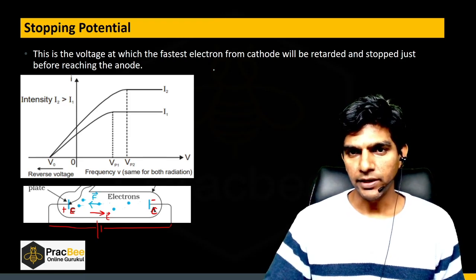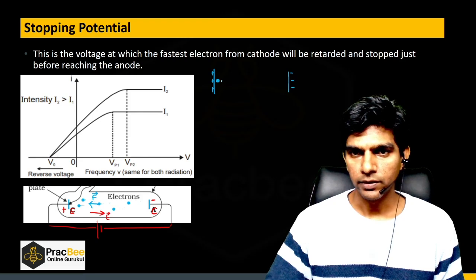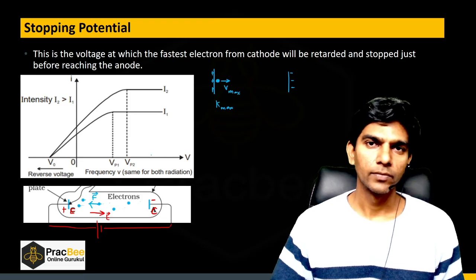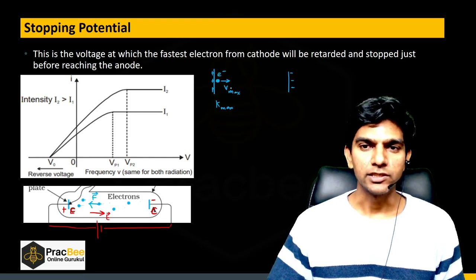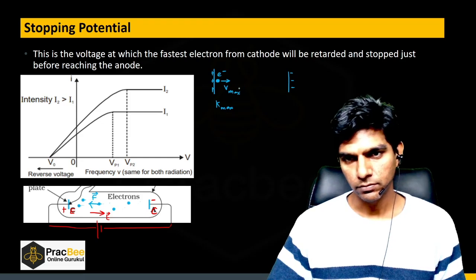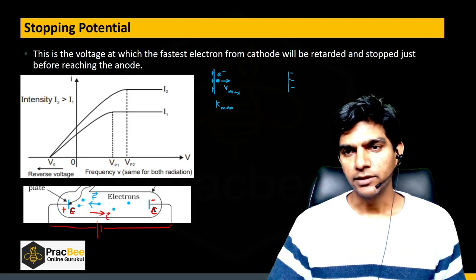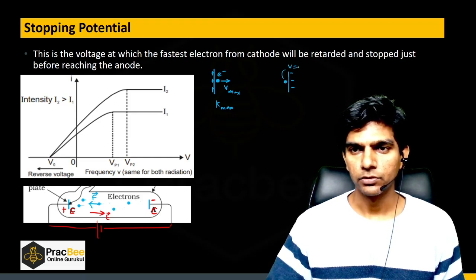Now suppose we have the most energetic electron. This plate is at high potential and this plate is at low potential. And we have a photoelectron, and let us say its speed is maximum, and its kinetic energy is Kmax. Now this electron will experience a force in the opposite direction. It is going in the right direction, but it will experience a force in the left direction. And suppose before reaching the collector plate, its velocity becomes 0.